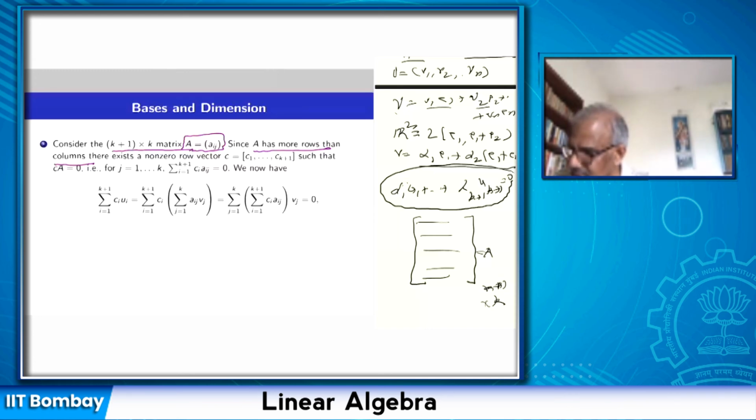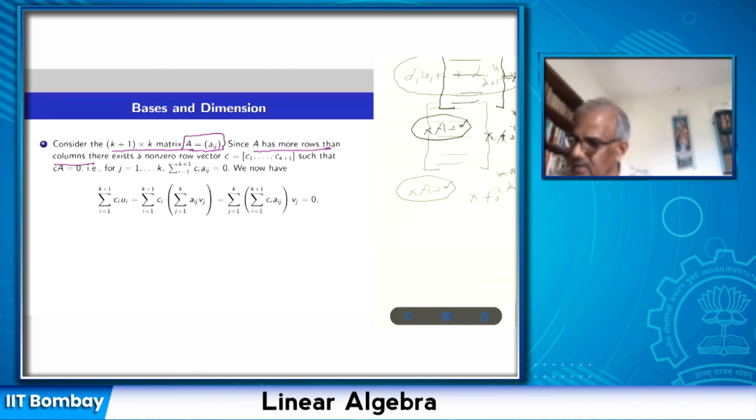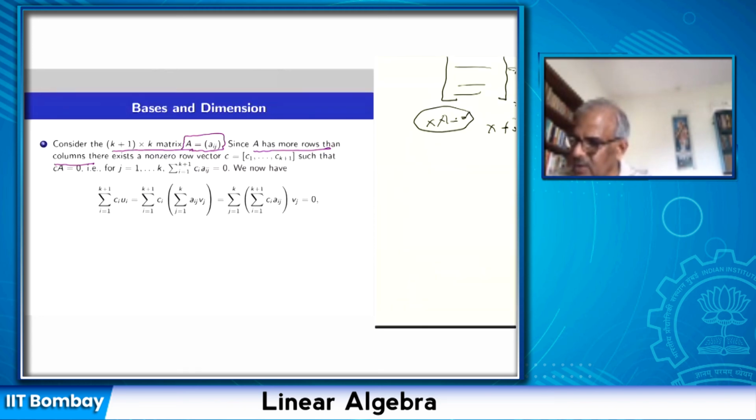Then I want to see that xA is 0, with a non-trivial x which is non-zero. Okay, let us see that. Why can I find a non-trivial x if I have a tall matrix? So instead I look at A transpose.